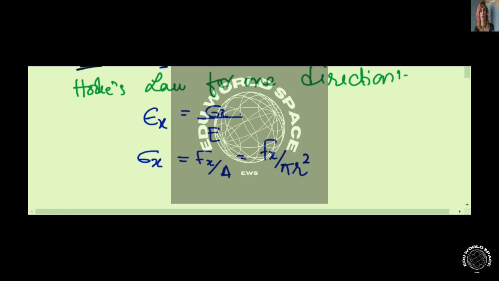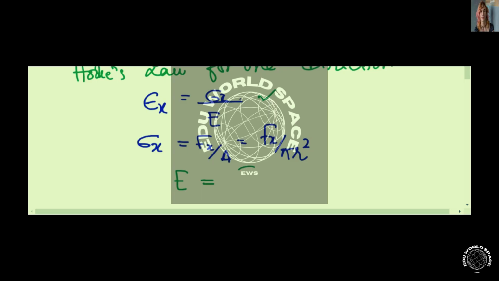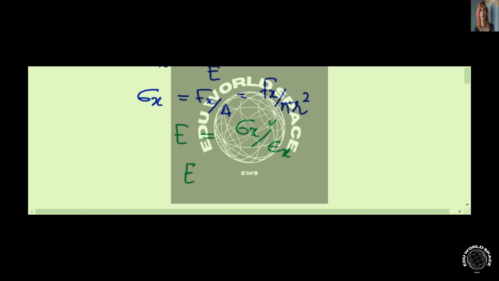Now we are going to rearrange this equation, so we have elasticity is equal to sigma sub x divided by epsilon sub x. We substitute the expression for sigma sub x, so we have F sub x divided by epsilon sub x pi r square.